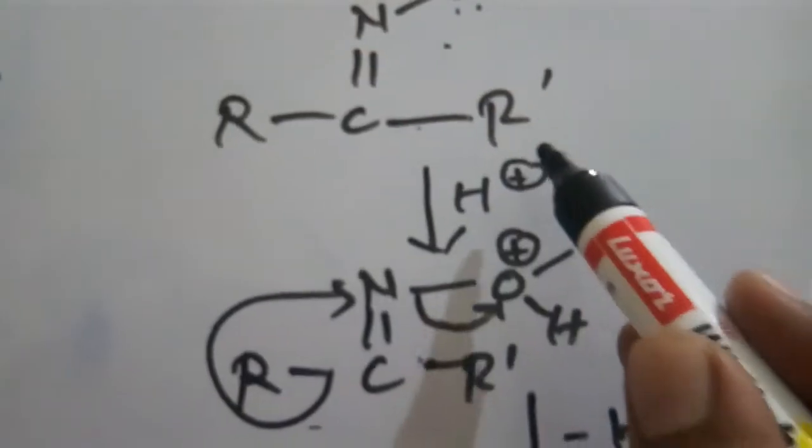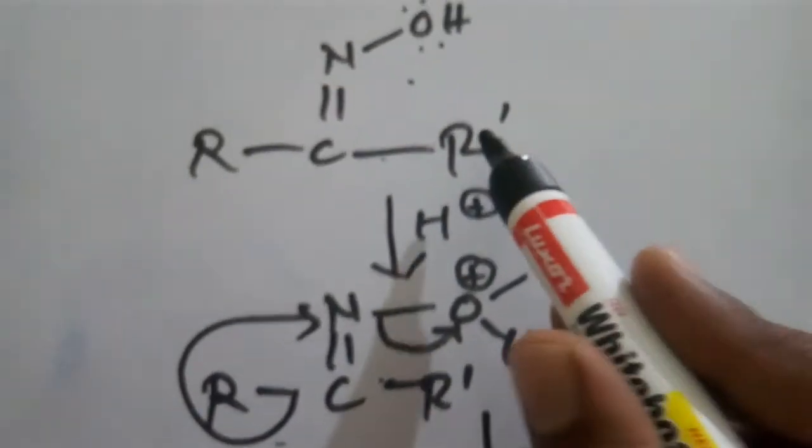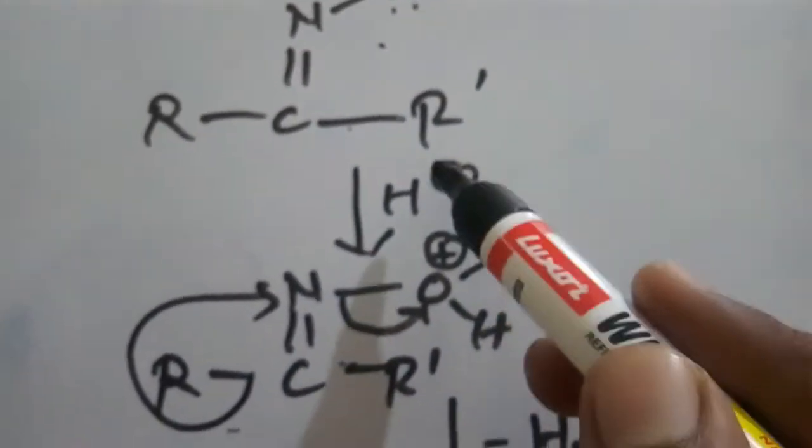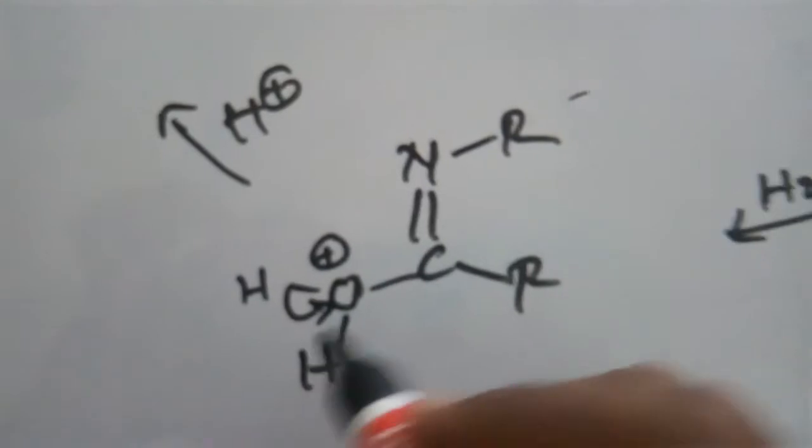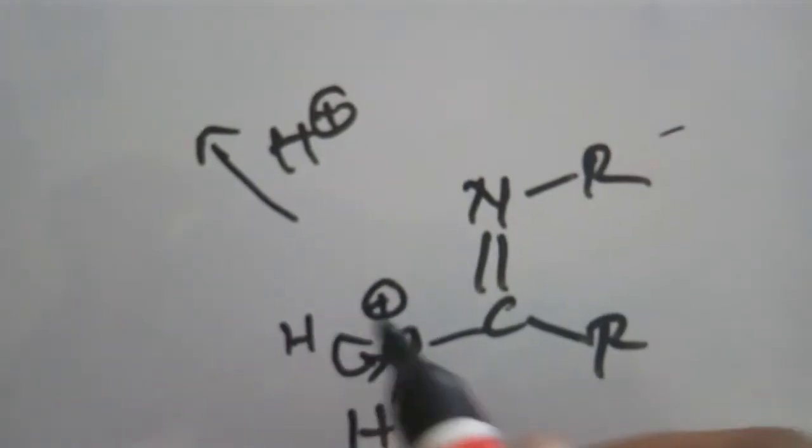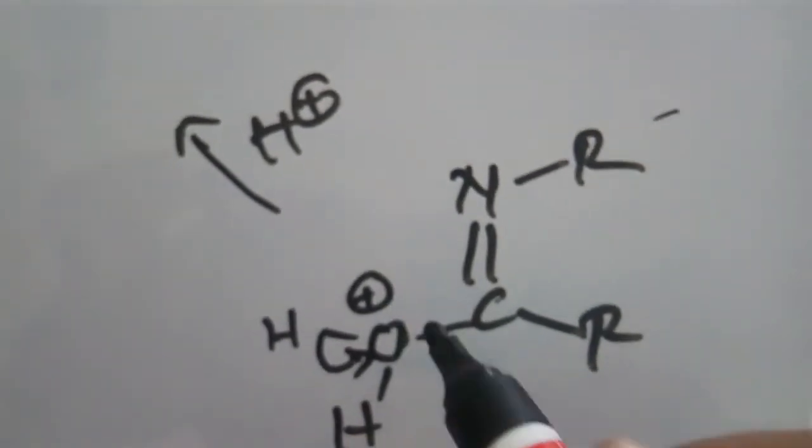Here you see in this rearrangement, H plus proton is attached in this step, and here it is removed. So this is a catalyst, playing the role of the catalyst. Now what is happening here, you see this proton is lost, oxygen now became neutral.